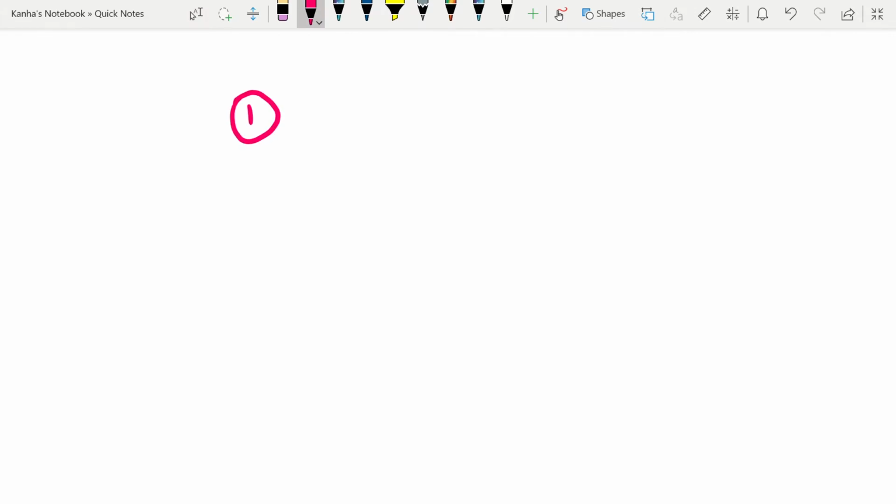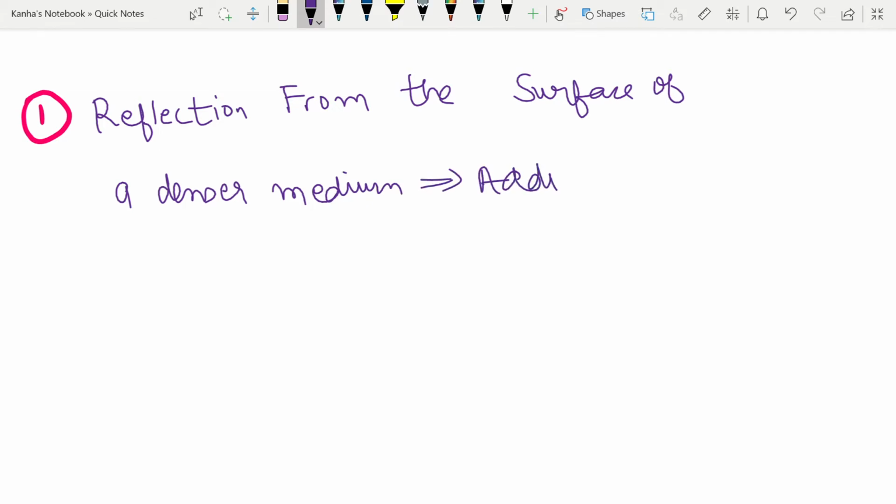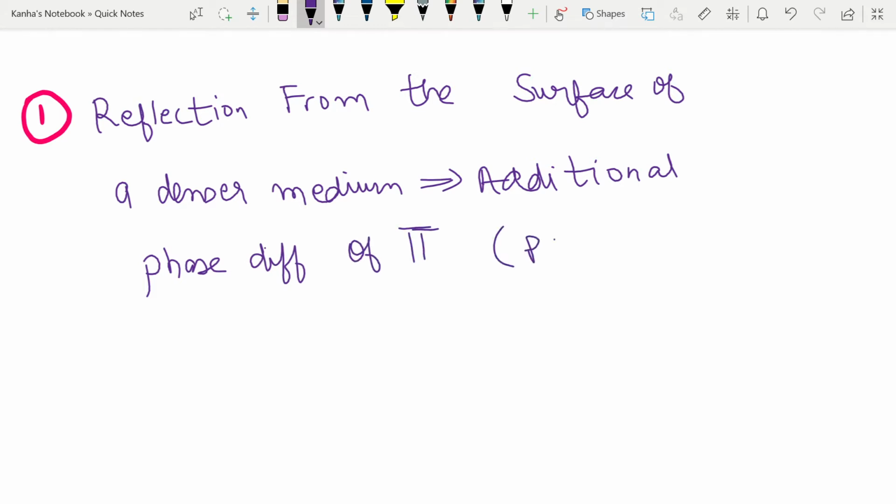The first point says that whenever there is a reflection from the surface of a denser medium, this will imply an additional phase difference of pi, or a path difference of lambda by 2.